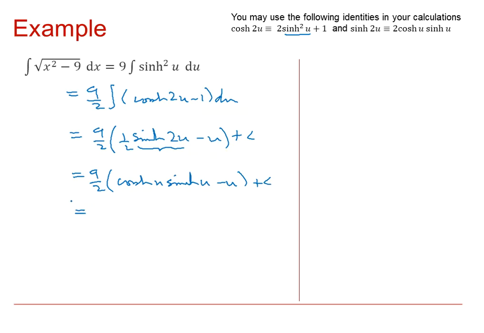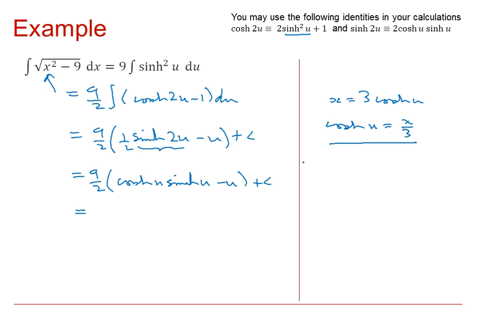Now, we're not quite there yet because we remember this is an indefinite integral and we need to be able to substitute back for x. So what do we know at the moment? We know from our substitution that x is 3 cosh u. Therefore, we know what cosh u is. Cosh u is x over 3. So that's going to be helpful.